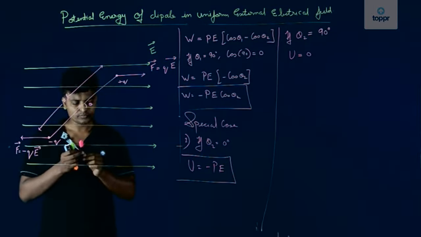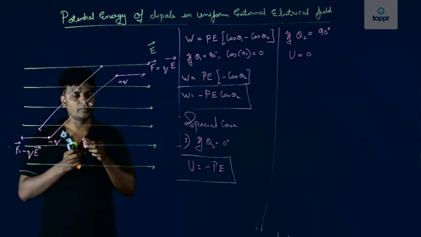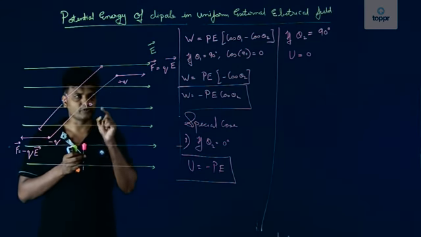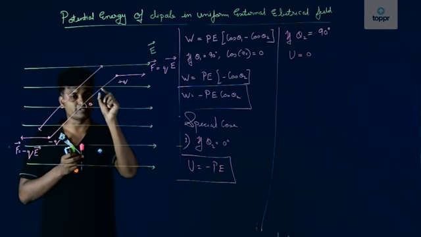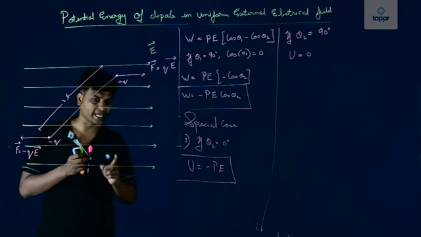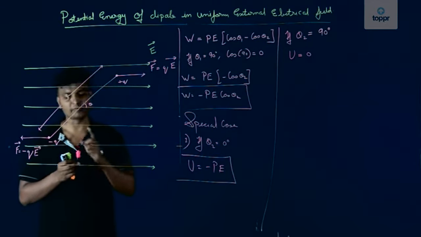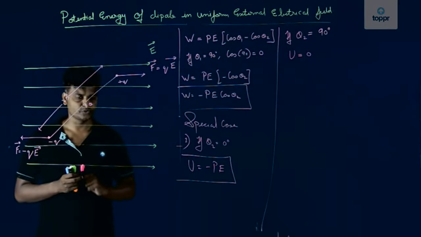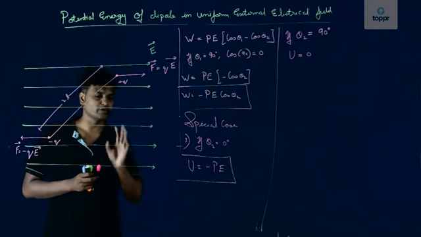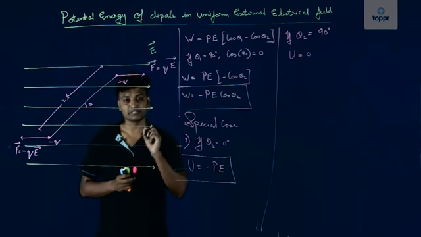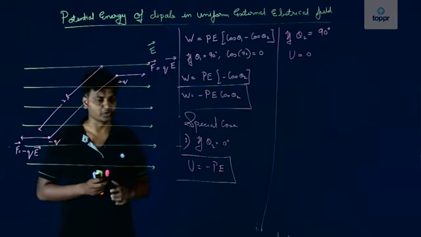Because positive work will be done by plus charge q, and the same amount of negative work will be done by minus q charge. So that is the reason why the total work done becomes equal to 0 and the potential energy of the system becomes equal to 0.